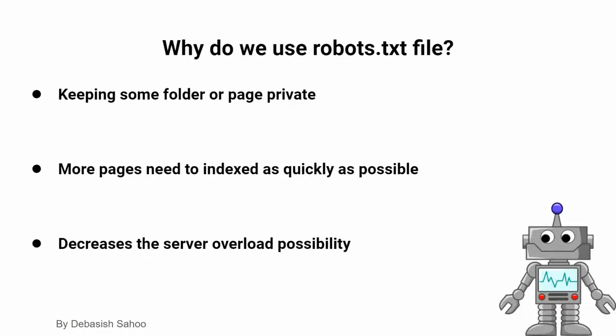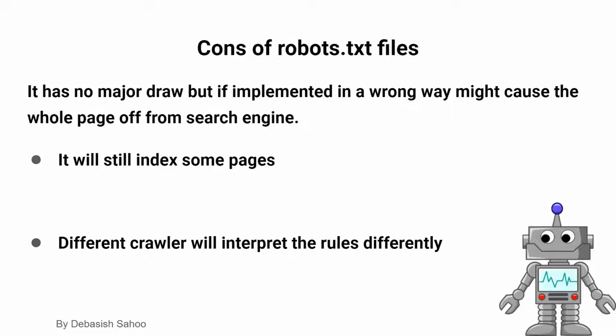The robots.txt file does not have a major drawback, but if implemented in the wrong way it might cause the whole site to disappear from the search results. There are also instances where the crawler will still index some of the pages that you have instructed in the robots.txt file not to index.